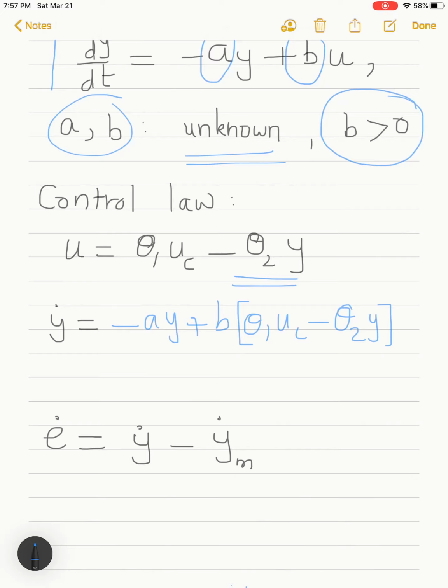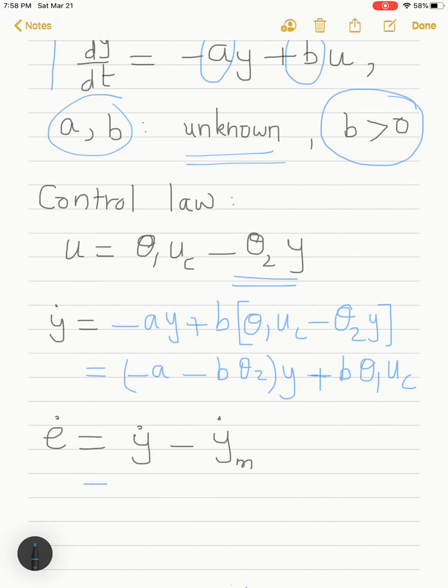This is the equation for y dot. I will collect terms that include y together, so that would be minus a minus b theta 2 times y plus b theta 1 times uc. So this is the equation for y dot.